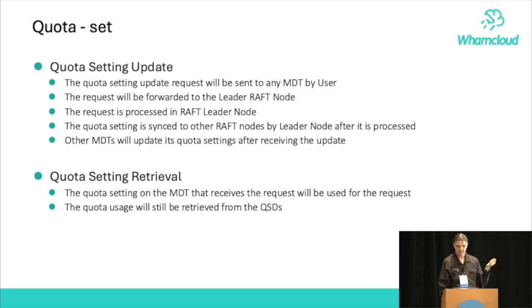And now you could also retrieve this information from any of the MDTs when you query the quota information, so you don't need to hammer MDT0 all the time like you do today.